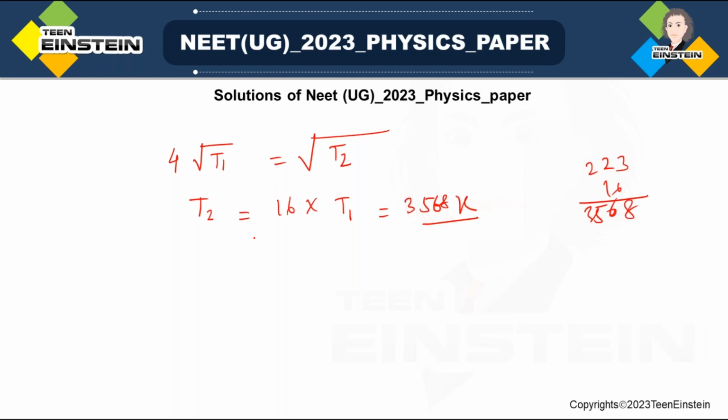Now we have to find what it is in degrees centigrade. This is in Kelvin, so for degrees centigrade we just need to subtract 273.